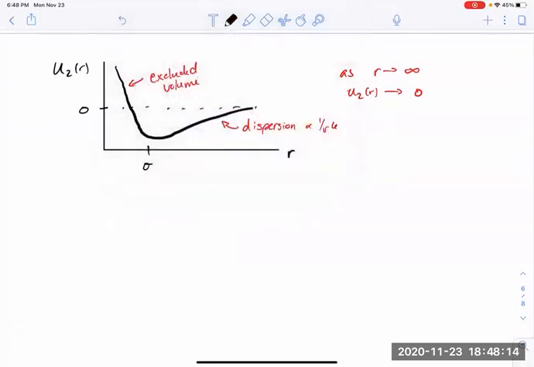If I just have two particles in the world, what is the probability of finding two particles a distance r apart? Well, it's going to be just proportional to that Boltzmann factor.